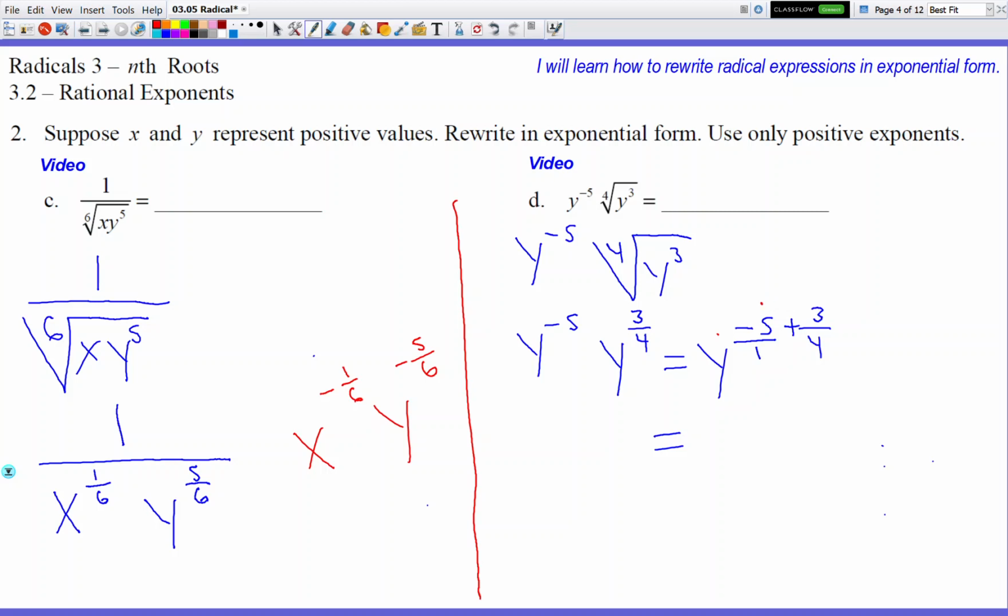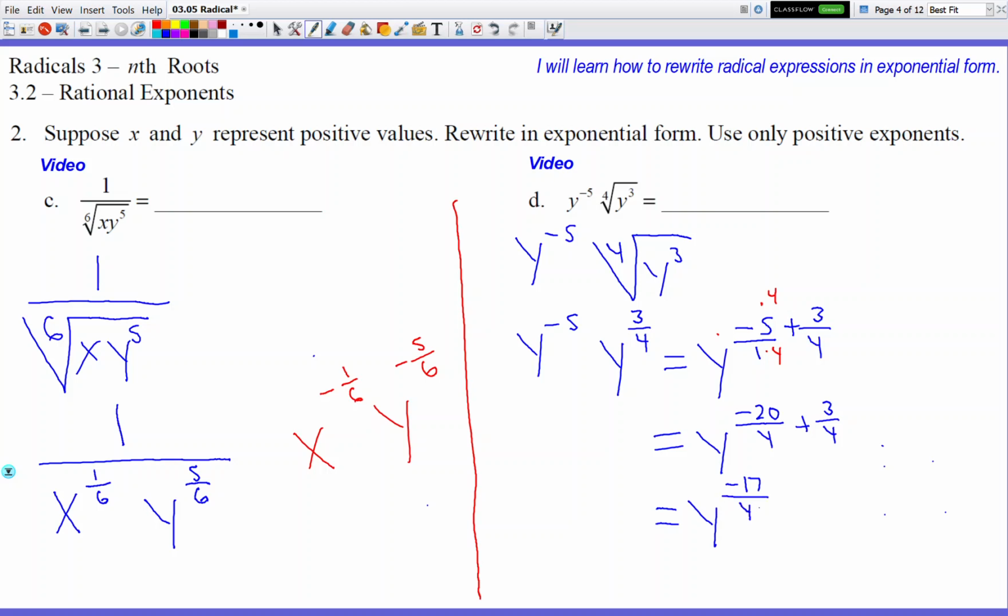You're gonna times the top and the bottom by 4 because then you're gonna make the numbers match at 4 on the bottom. Okay, so when I do that, my numbers transform to become y to the negative 20, because that's negative 5 times 4 over 4 plus 3 over 4. Okay, so when I add my powers up, I get y to the negative 17 over 4 power.